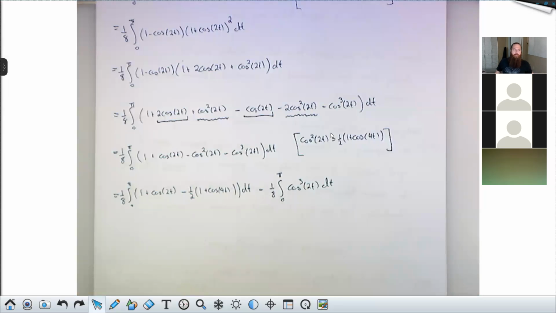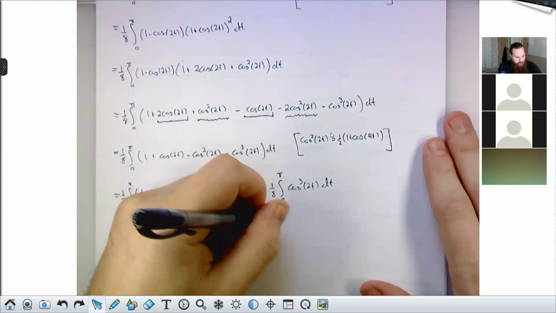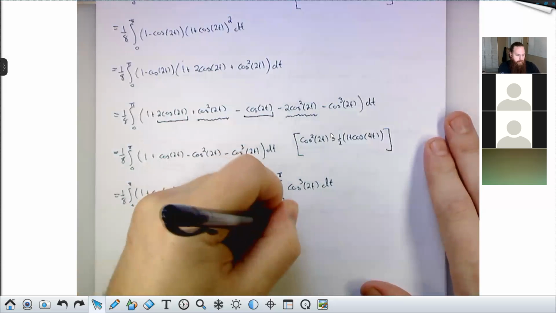Does anybody remember that part from Wednesday? Could you set aside a copy of cos cubed and then use the Pythagorean identity? Good.